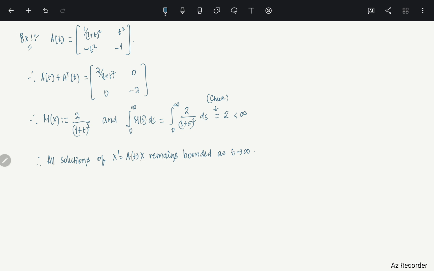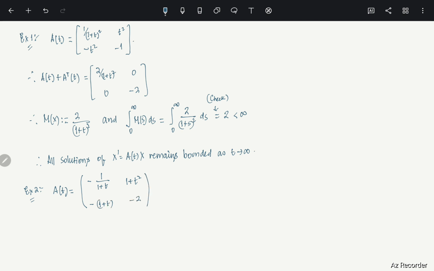So this is the first example. Let's do another example, example 2. Let's say A(t) has first entry minus 1 by 1 plus t, the second entry 1 plus t square, the third entry minus 1 plus t, and the fourth entry minus 2.